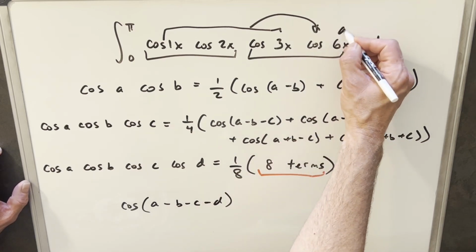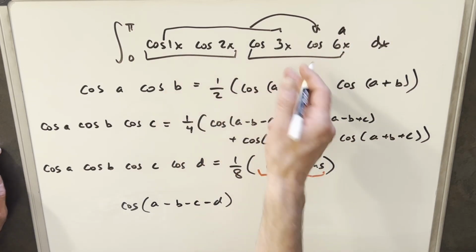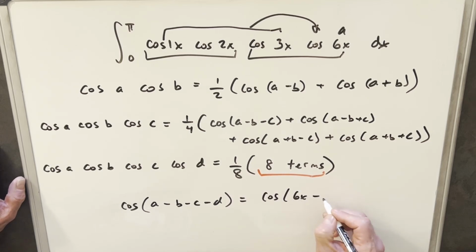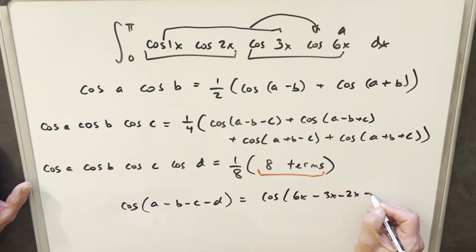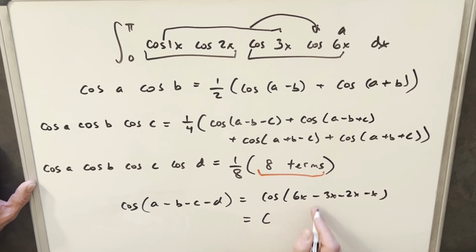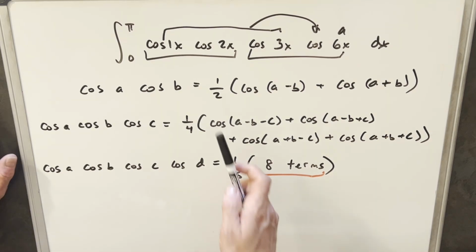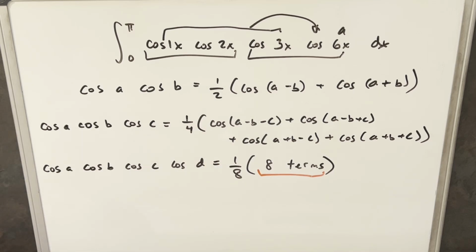Let's call our 6x A. This will be B, this will be C, this will be D. Well, when we calculate that, we have cosine of 6x minus 3x minus 2x minus x, but this is actually cosine of 0x, and cosine of 0 is just 1. So knowing that one of our terms is going to be just 1, we can rewrite this.